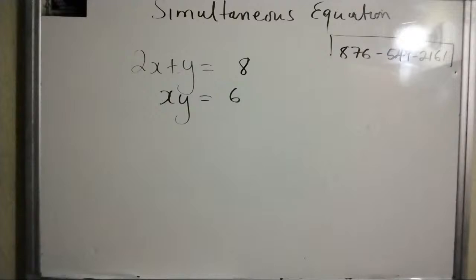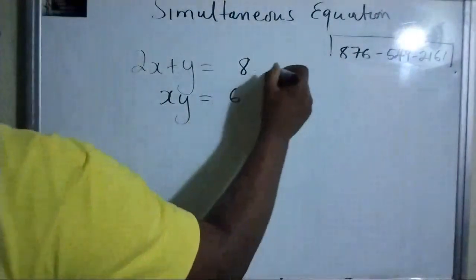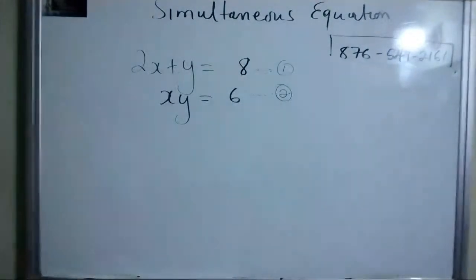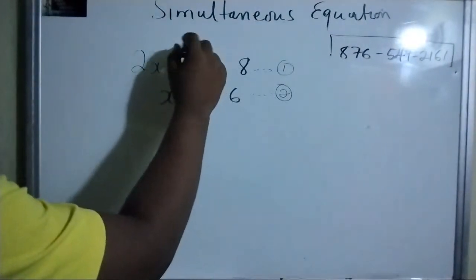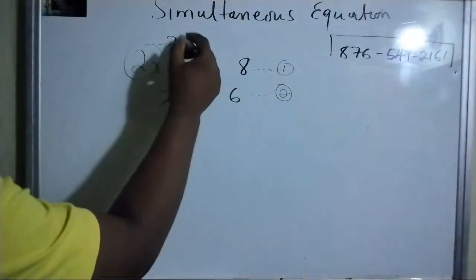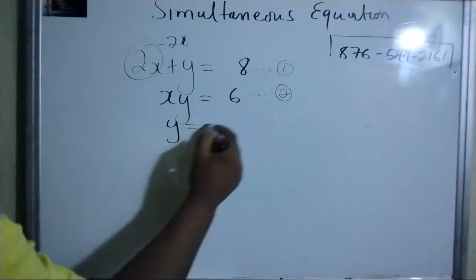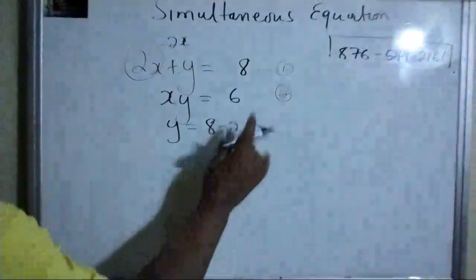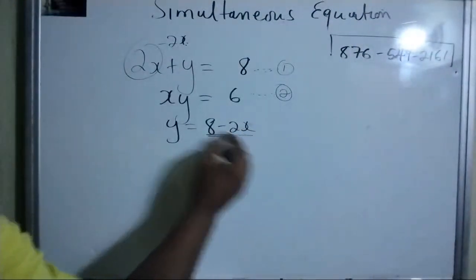The first thing we have to do is substitute: change the subject of the formula for equation 1 and put it in equation 2, so we have one unknown. If we solve for y, I prefer y this time, we get a third equation. We subtract 2x from this side, so that gives us y equal 8 minus 2x.